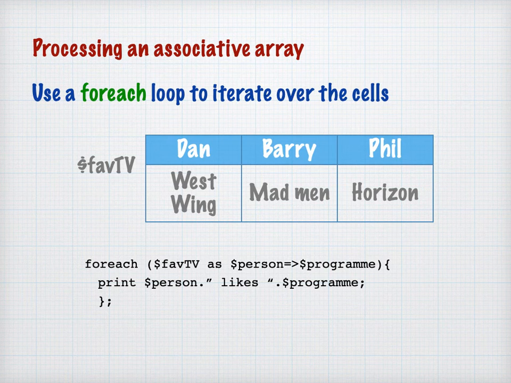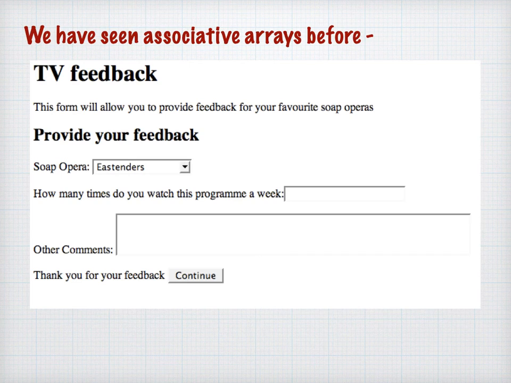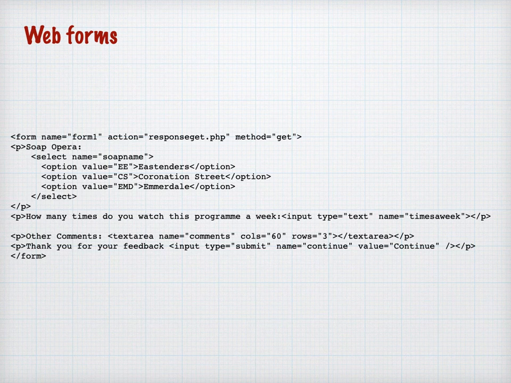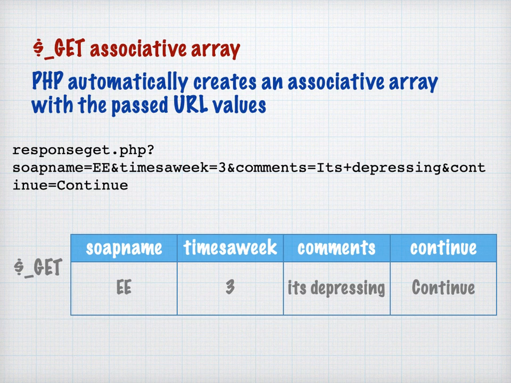Now that associative array notation may seem familiar, and the reason it's familiar is because you've actually been using it already. We've used it in forms, because the get and the post arrays that are created when we do a form are actually associative arrays.